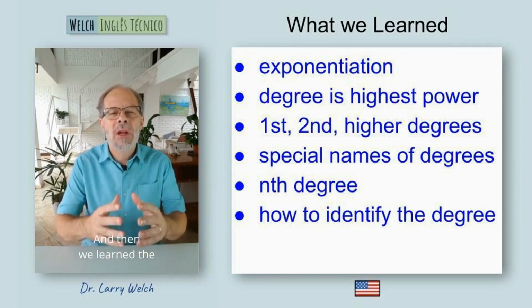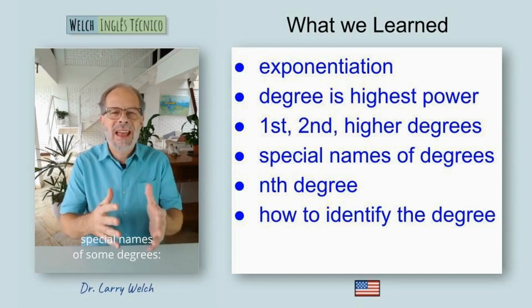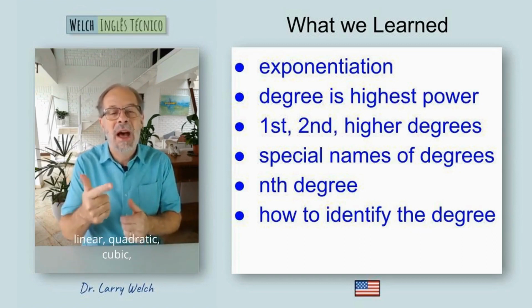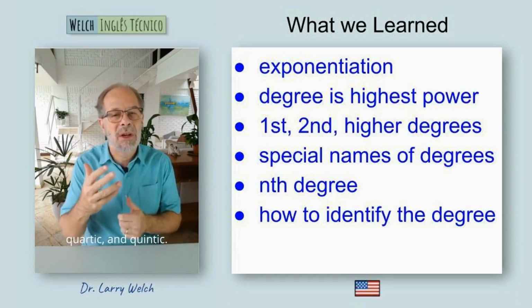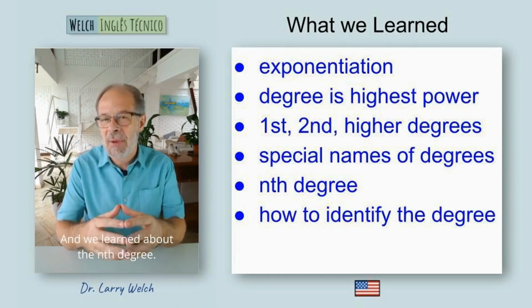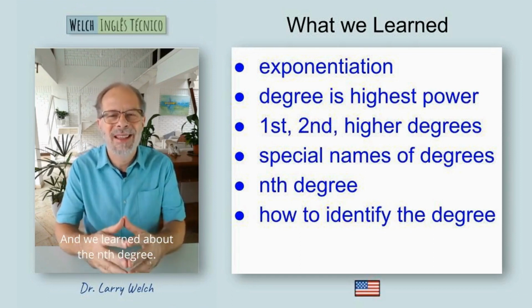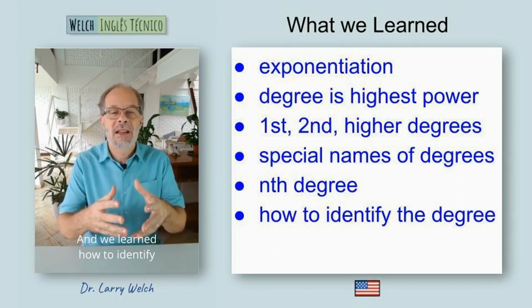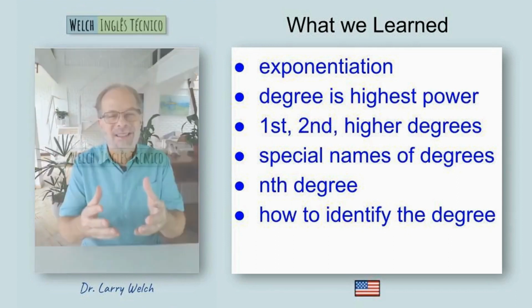And then we learned the special names of some degrees: linear, quadratic, cubic, quartic, and quintic. And we learned about the nth degree. And we learned how to identify the degree of an expression.